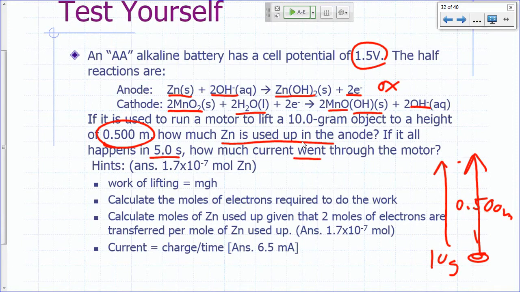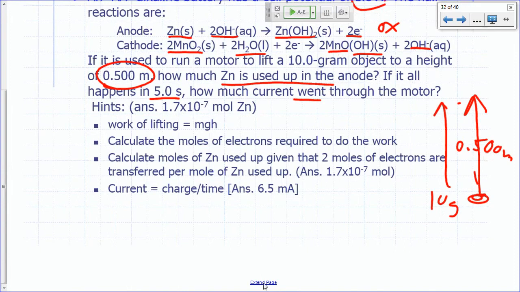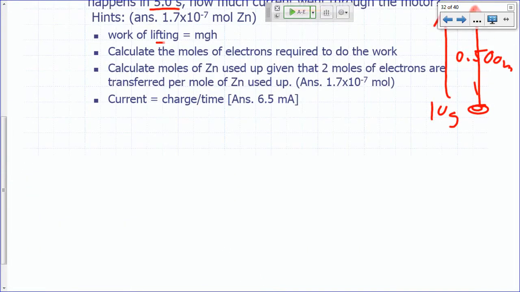So here's the series of calculations you're going to do. First of all, you need to figure out how much energy you need to lift the object. The work that you need to lift an object is equal to force times distance. Remember, the formula for work is force applied over the distance. And what force will you be applying to your object to lift it up?